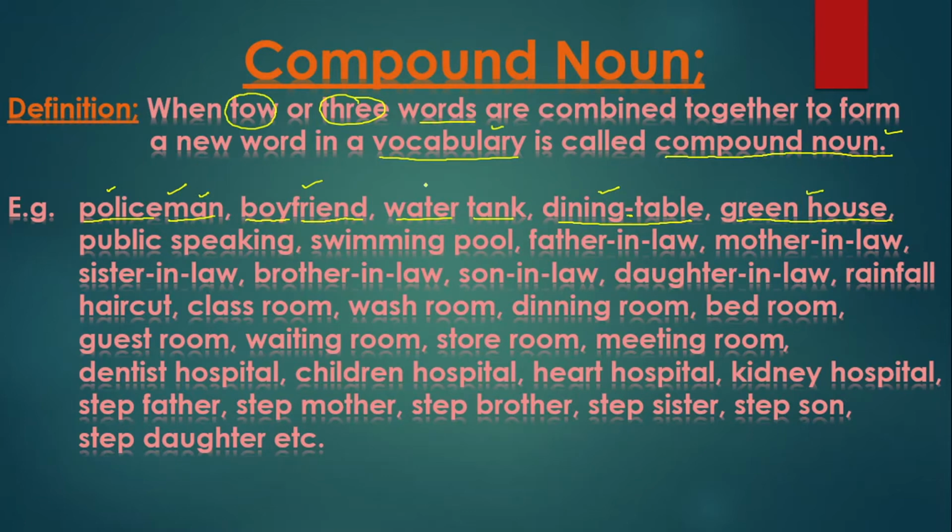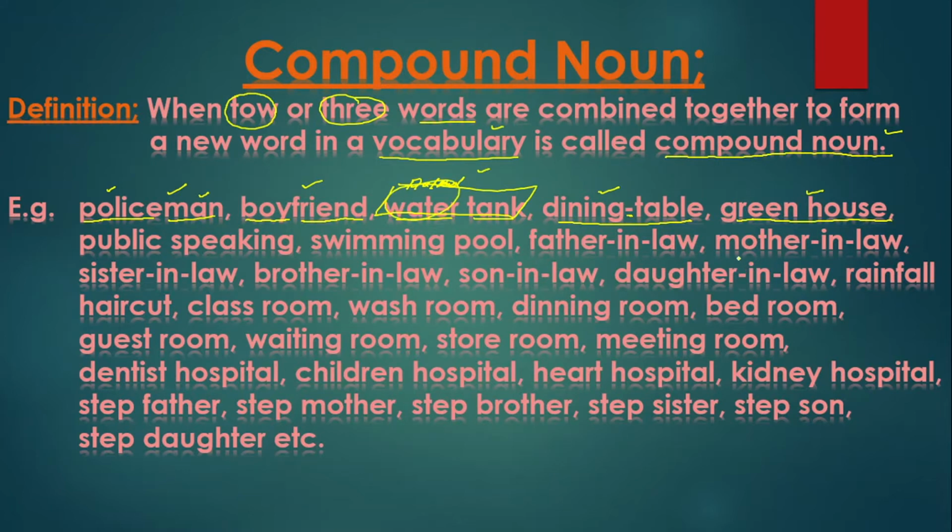And in the same way, if you bring petrol with it, petrol tank, then the meaning totally changes. Like we say petrol tank, and in the same way diesel tank. In the same way, you could say gas tank, etc. So if you put this word with tank, the meaning totally changes.